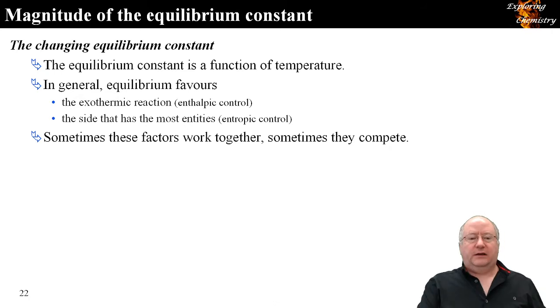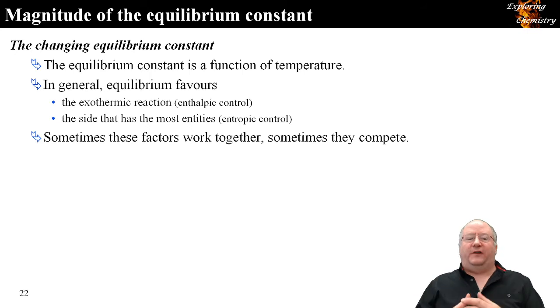So I mentioned and showed on the first day that the equilibrium constant is a function of temperature. We haven't done thermodynamics yet, but you've had in Chem 100 the concept of enthalpy. And equilibrium favors the exothermic reaction. That's called enthalpic control of the equilibrium constant.